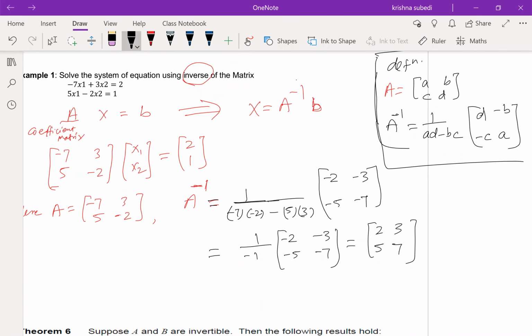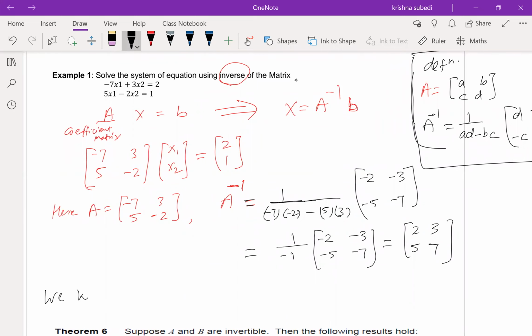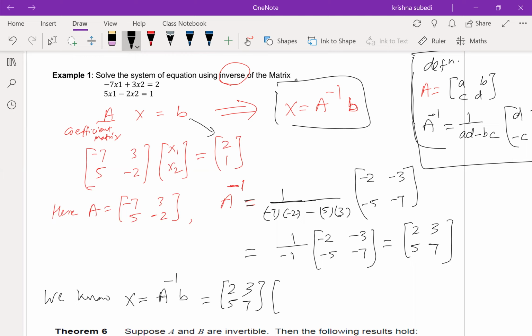Now, the formula is, we know, X equals A inverse B. Okay, this is the formula. A inverse we already have, which is 2, 3, 5, 7. And B we already know. B is 2 and 1.